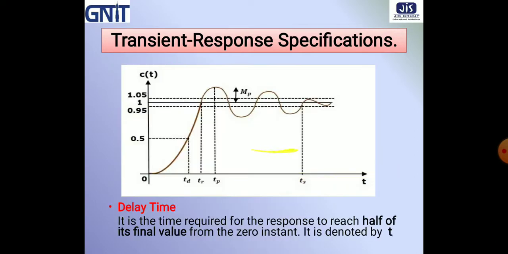Just go to the figure. Here, look at this part. Oscillation is present here, but we neglect the oscillation, or if we tolerate this type of oscillation, that is 2 to 5% of oscillation, then we can say after reaching Ts the system will be settled.